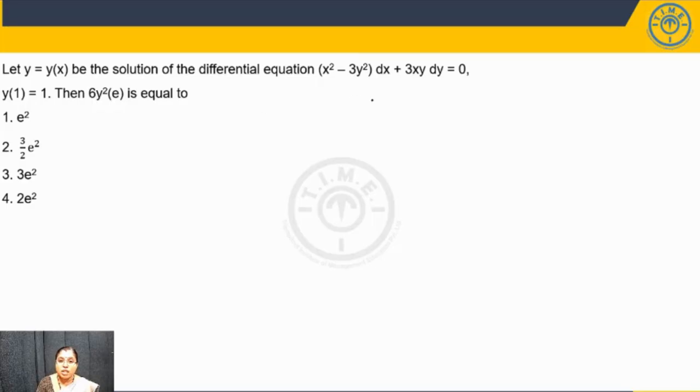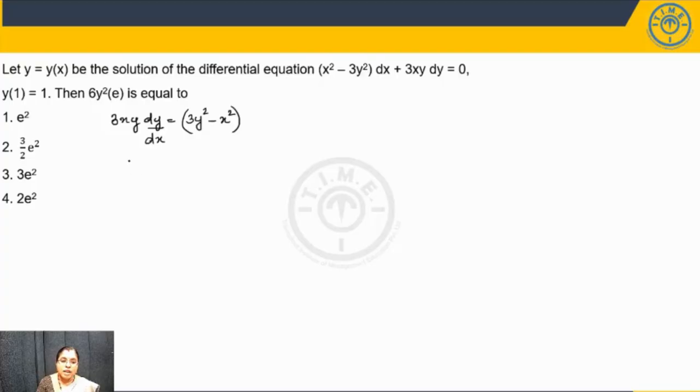So I'm just going to rewrite this. We have 3xy dy equal to, when it goes to the right hand side it will become negative, so I'm just going to adjust the negative and we can write it as (3y square minus x square) into dx. So that dx I'm going to write here.